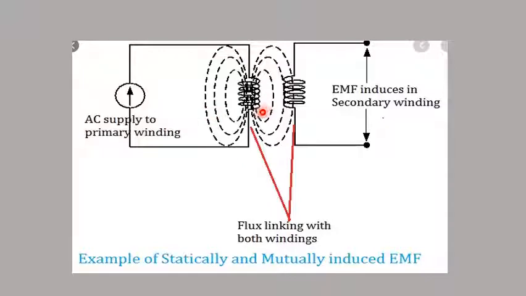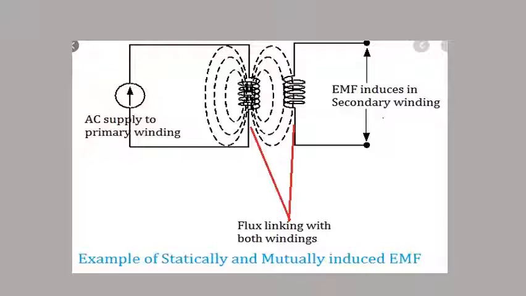This is a figure of a transformer where these windings represent the primary and secondary windings, and you can see that there is some magnetic flux linking these coils. There is an input voltage supply and this is the output voltage of the secondary windings.